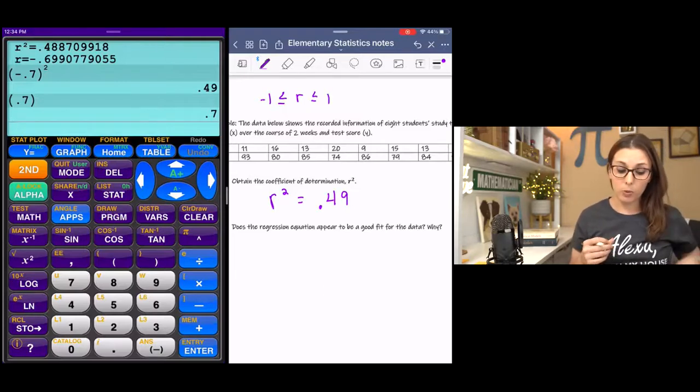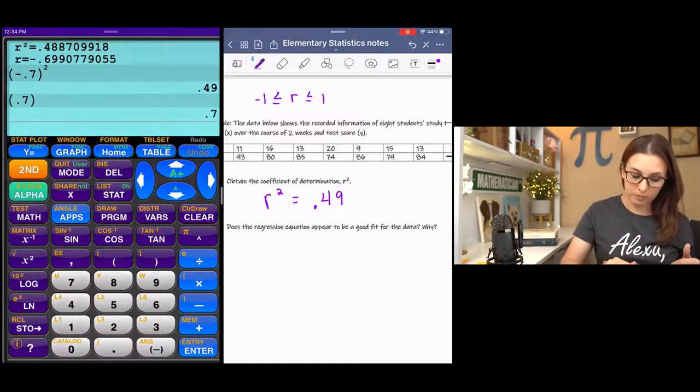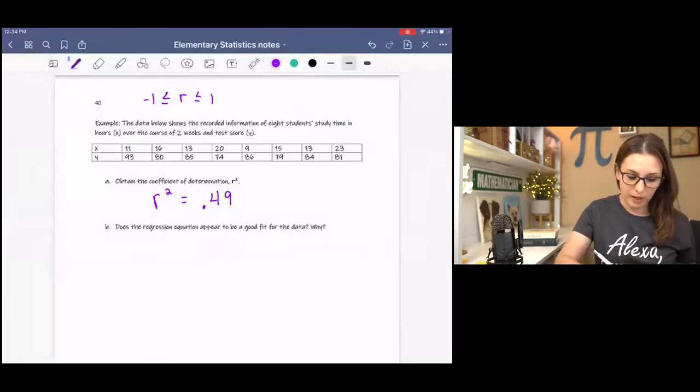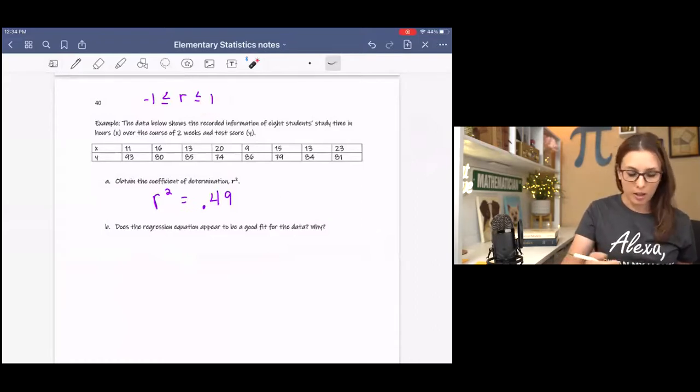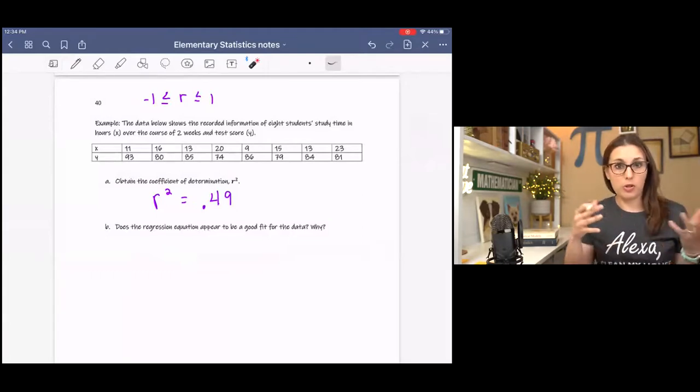If we square this value, that will be 1, and square this value, that'll be 1. And then 0 would be in that interval. If we were to square 0, it would be 0. So that's why it's always going to be positive there.